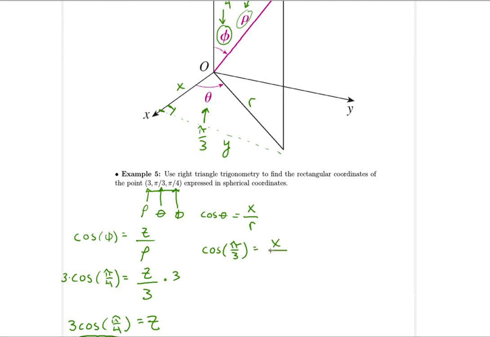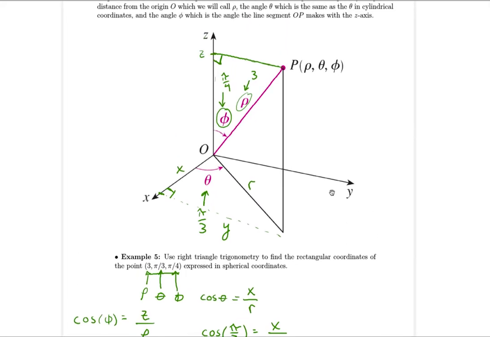Okay, do I know r? Well, that's a good question. Let's go back up to the picture. If we look carefully, r and rho are both sides of a different triangle. So I could note that this is a little right triangle right here. And I know that if this angle right here is phi equals pi over 4, then also geometrically this has to be phi equals pi over 4.